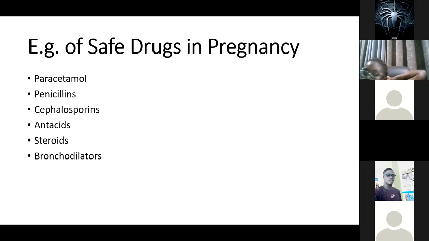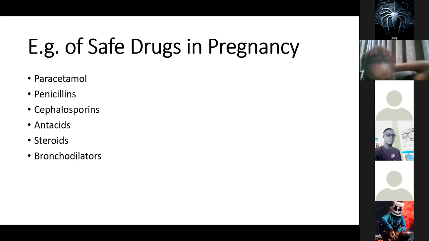So I just put a few safe drugs in pregnancy, because definitely it isn't all the time that the pregnancy goes smooth without any problems. So if you must prescribe, at least know the medications that are safe in pregnancy. And these are just a few of them. So paracetamol is one, penicillin is another, cephalosporins, like ceftriaxone, cefuroxime, they are all very safe in pregnancy.